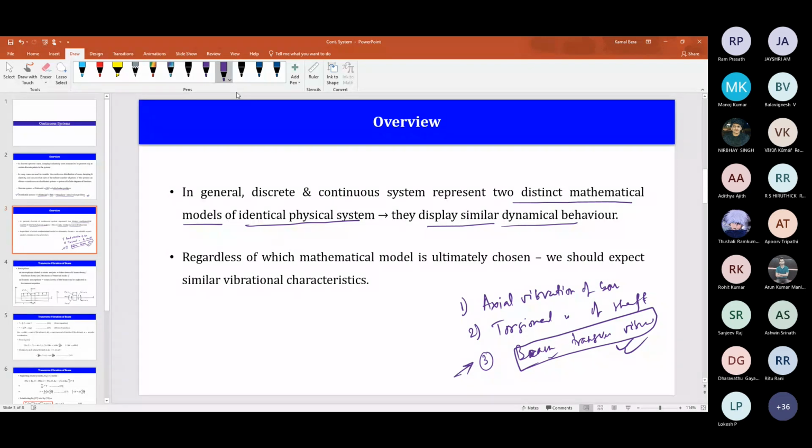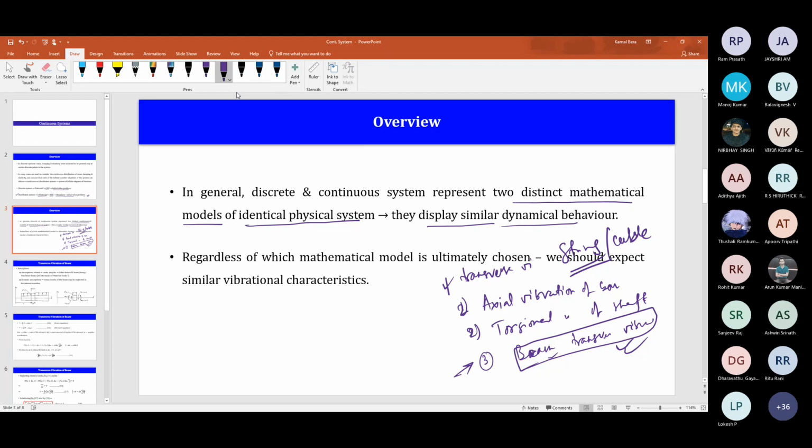Okay, I forgot one thing that here you can write: transverse vibration of a string or cable, right? And you know all the strings in musical instruments. So you get different tones by actually modifying the frequency and the mode shape. Okay, that is what it is. So there can be many.